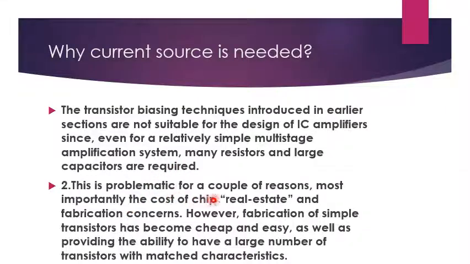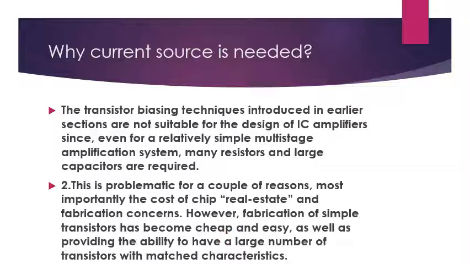This is problematic for a couple of reasons, and most importantly, the cost of chip real estate and fabrication concerns. However, fabrication of a simple transistor has become cheap and easy, as well as providing the ability to have a large number of transistors with matched characteristics.